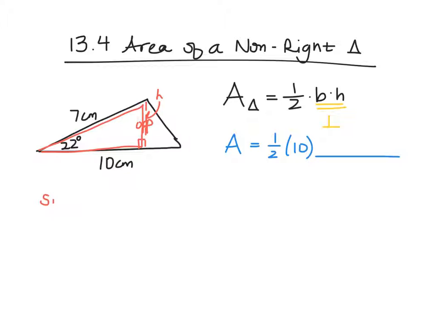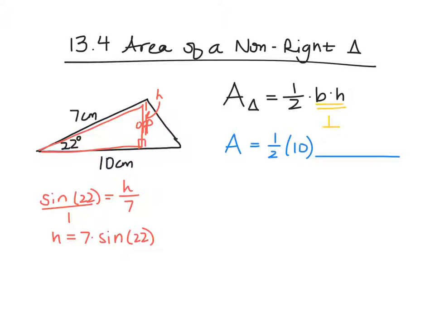All right, so I've got sine of 22 equals the opposite, which is that height I'm curious about, over the hypotenuse, which is 7. And I remember in my formula, the part that I'm missing is this height. So I'm going to go ahead and put this over 1 and cross multiply so I can get height by itself. So that's going to be height equals 7 times the sine of 22.